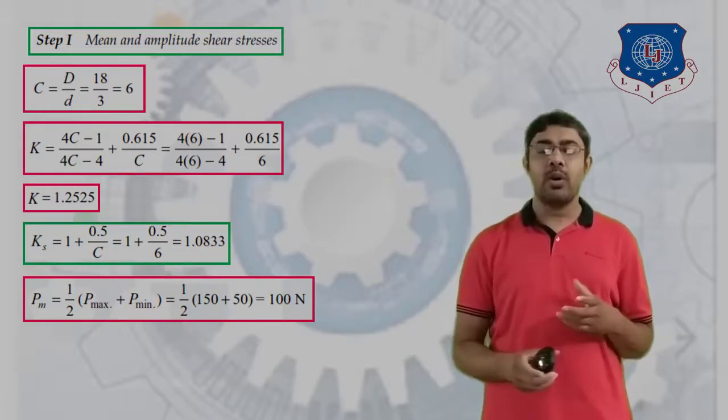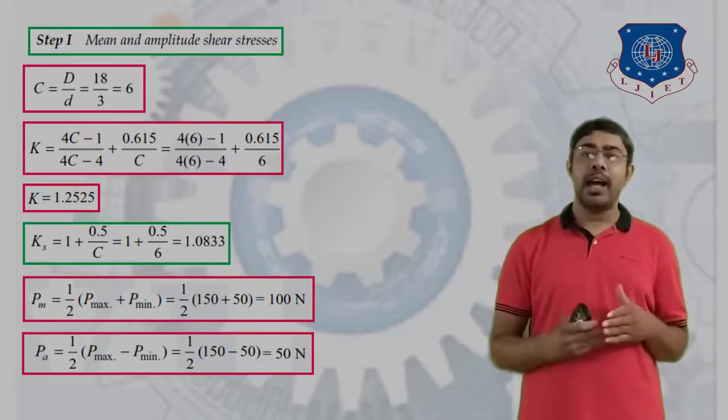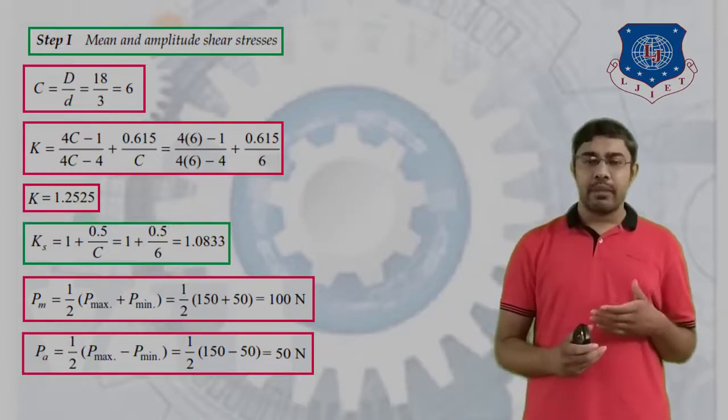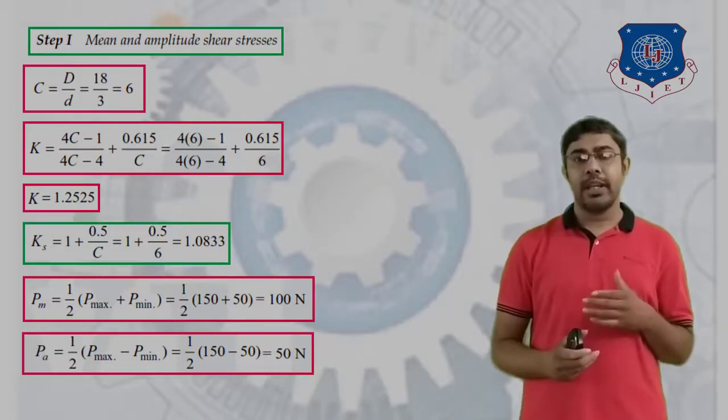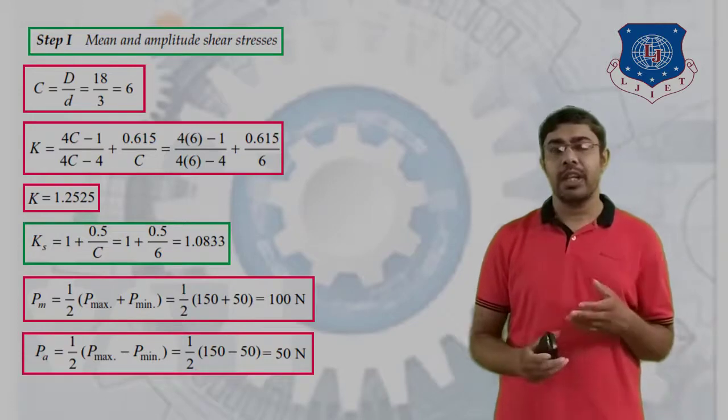Similarly, the amplitude force Pa is equal to half of (Pmax minus Pmin). Placing Pmax equal to 150 and Pmin equal to 50, we get Pa equal to 50 newtons.